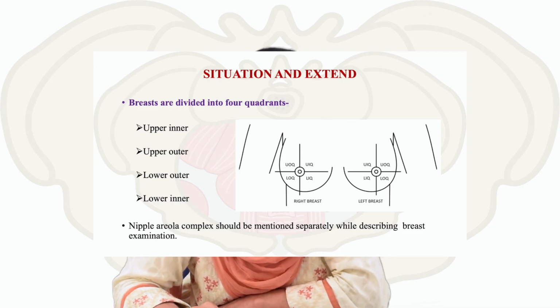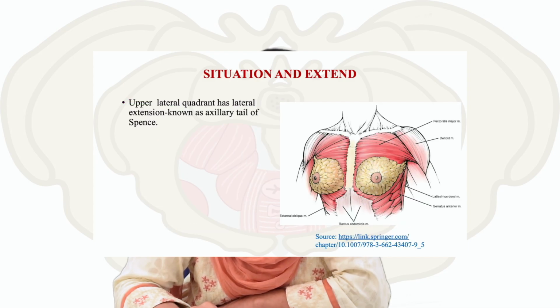Now this is again a picture showing you how the breast is placed in the body. The upper lateral quadrant has a lateral extension known as the axillary tail of Spence, which passes through the deep pectoral fascia at the foramen of Langer.